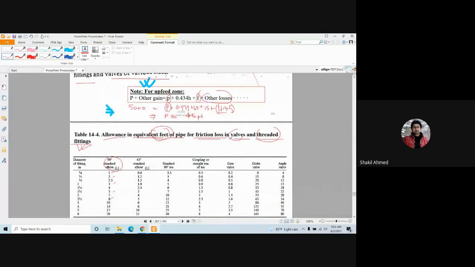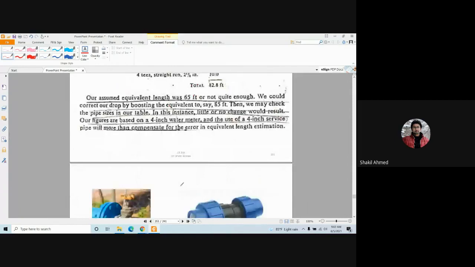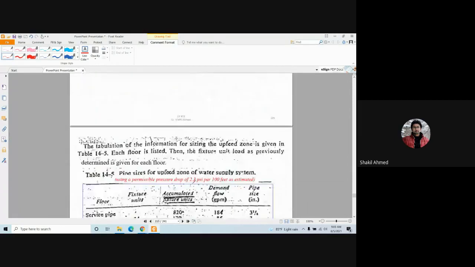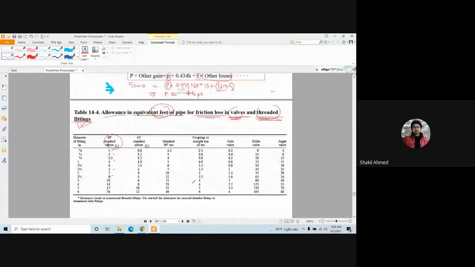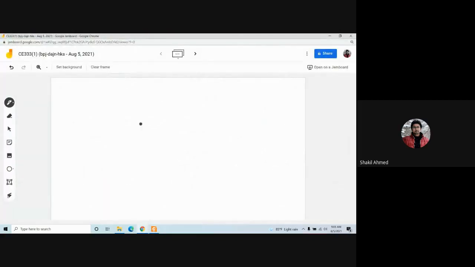So frictional loss in valves and threaded fittings. Valves and threaded fittings means this. So let's say you have a fitting here, or a valve here. So due to this valve, there will be some frictional loss, pressure loss, P1. And this length is, for example, 10 feet.